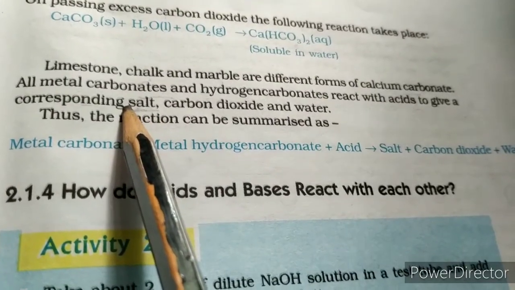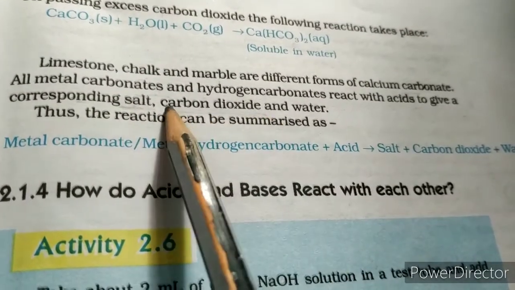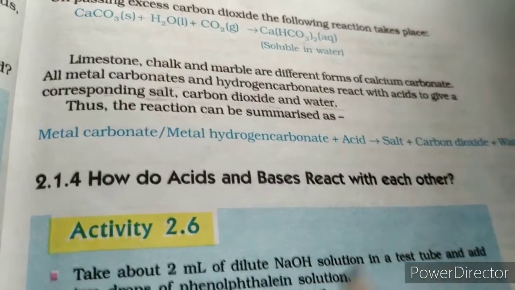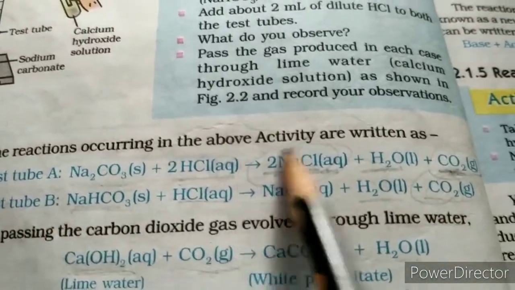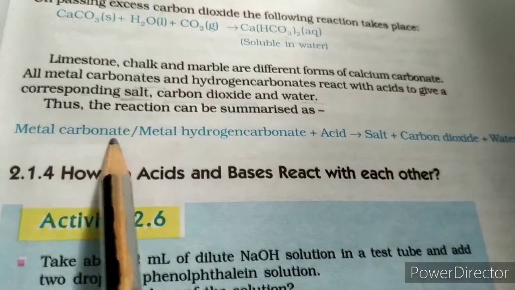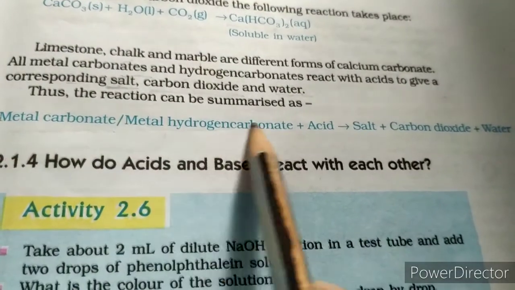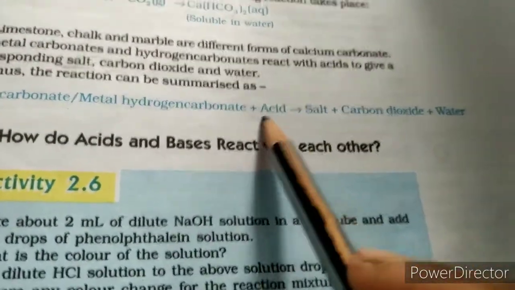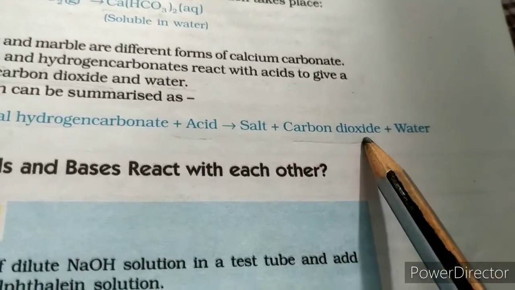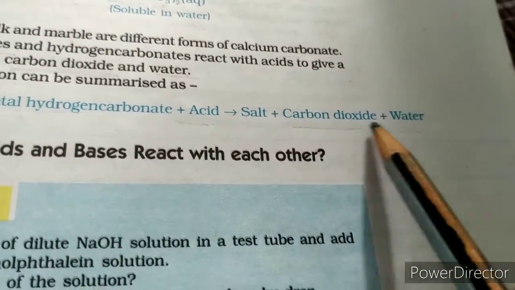A metallic salt will form, carbon dioxide gas will be produced, and water will be formed. So from these reactions we can conclude that metal carbonate or metal hydrogen carbonate reacts with acids to produce salt, carbon dioxide gas, and water.